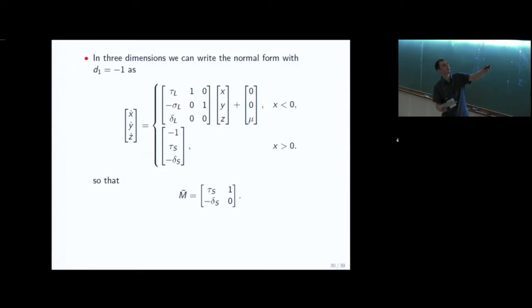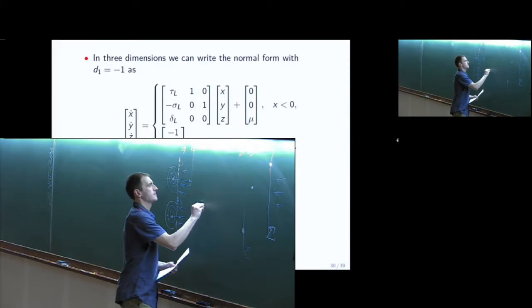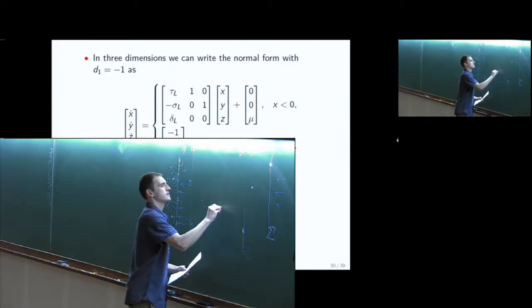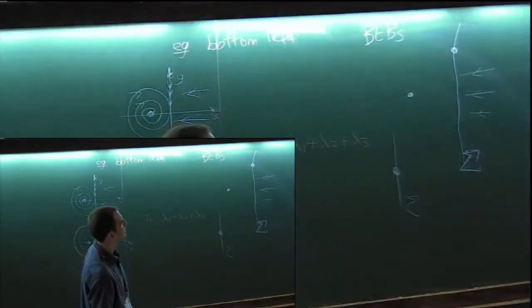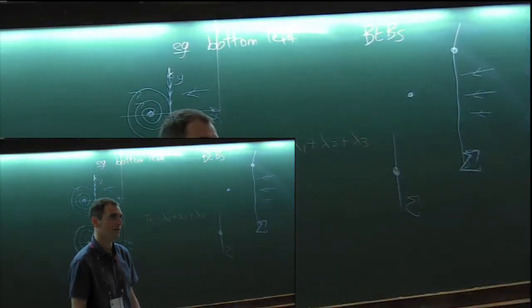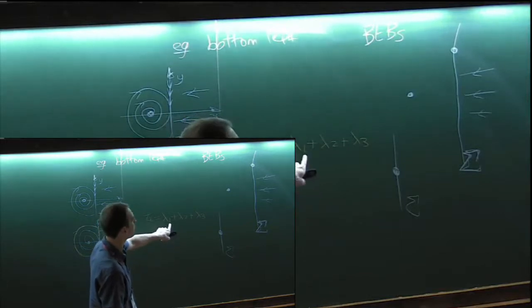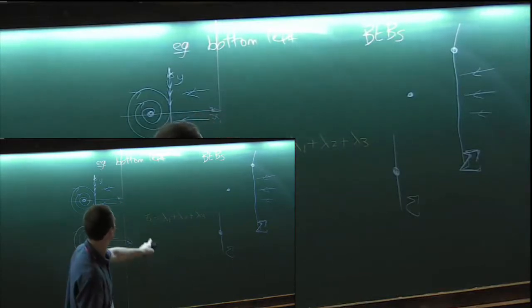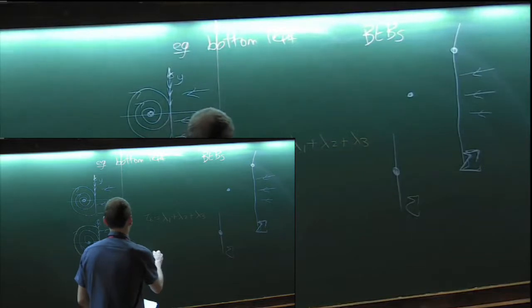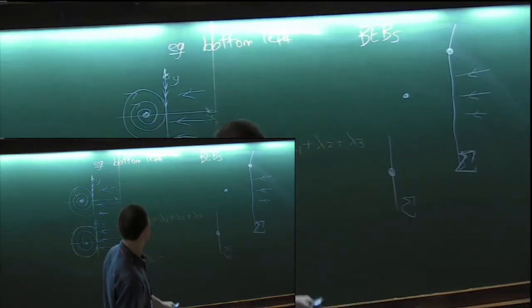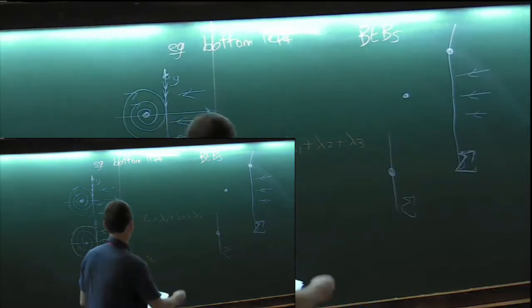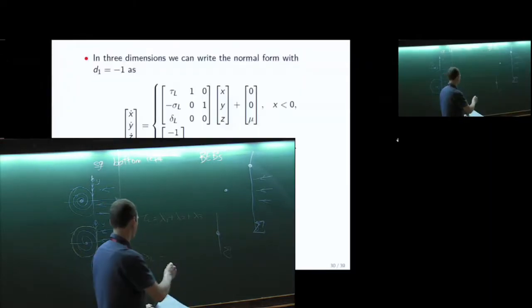Well, first of all, tau is the trace of the matrix, which means it's the sum of the eigenvalues. The matrix has 3 eigenvalues counting algebraic multiplicity. So let's call them lambda 1, lambda 2, lambda 3. Tau is that. And then delta L is the determinant of the matrix. That's the product of eigenvalues.